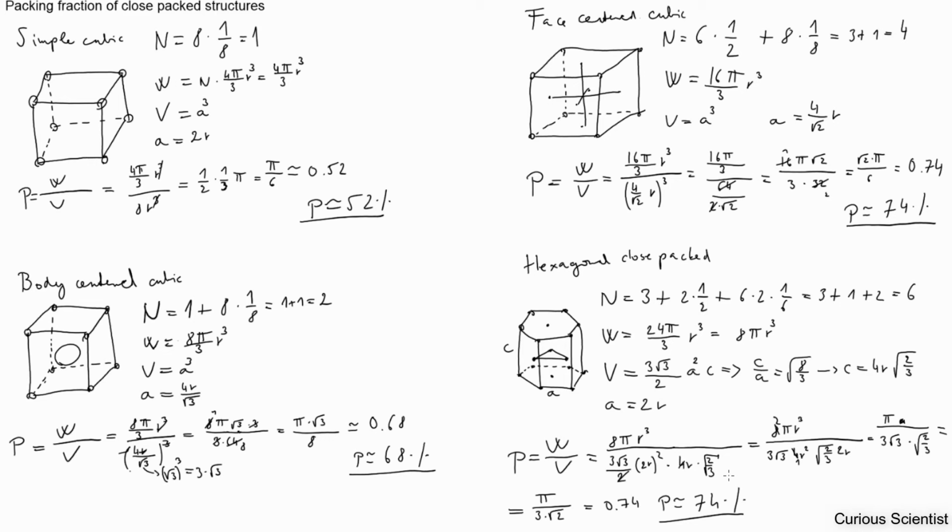These are very simple exercises, and all you need to know is basically how to calculate the volume occupied by the atoms within the unit cell, and you calculate the volume of the unit cell, which is in most cases just a simple cube, so a to the third power, and you divide the two quantities with each other.